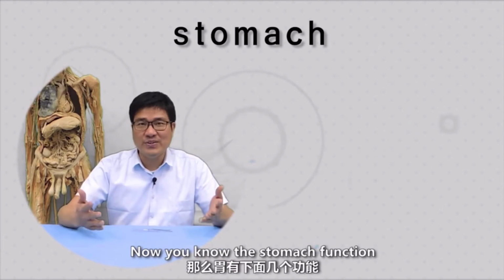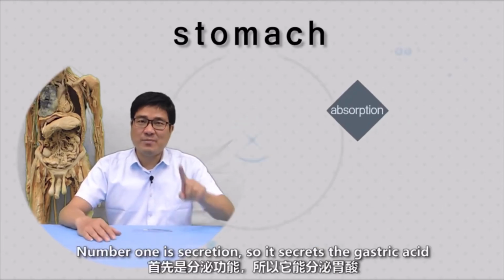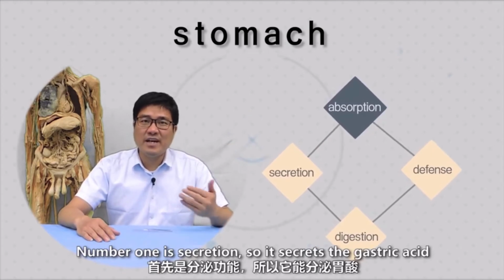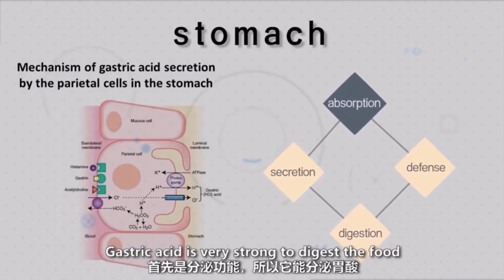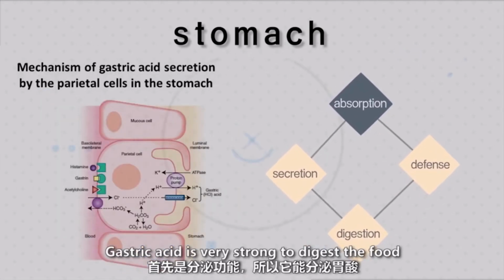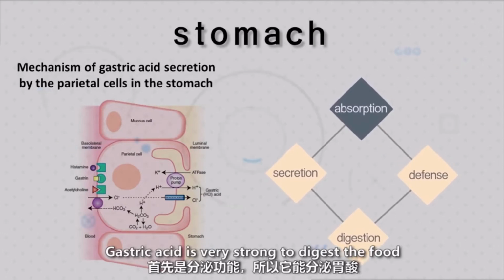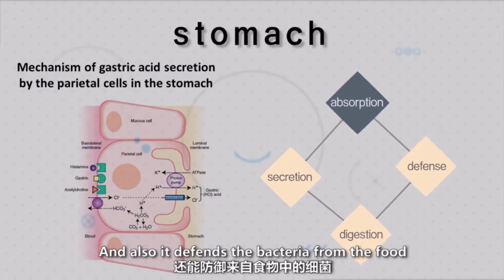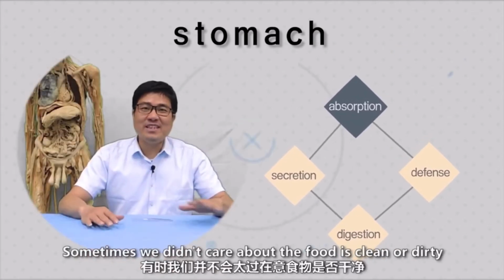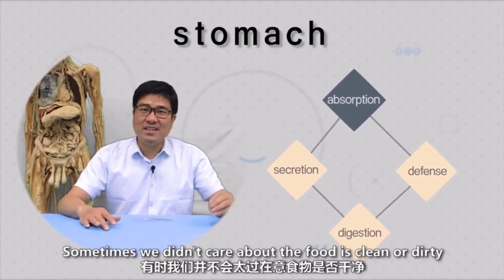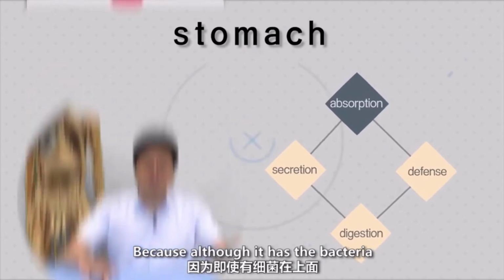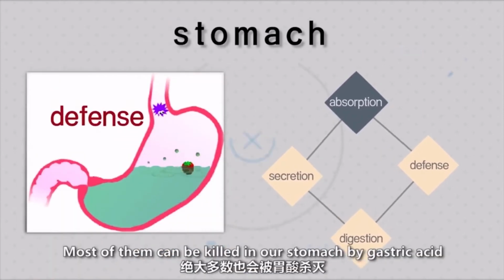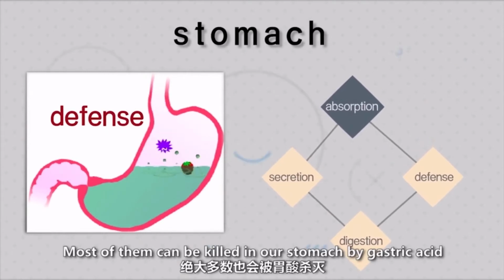So now you know the stomach functions. Number 1 is secretion. It secretes the gastric acid. Gastric acid is very strong and digests the food, and it also can kill the bacteria from the food. So sometimes we don't care whether the food is clean or dirty, because although it has bacteria, most of them, maybe more than 90%, would be killed in our stomach by the gastric acid.